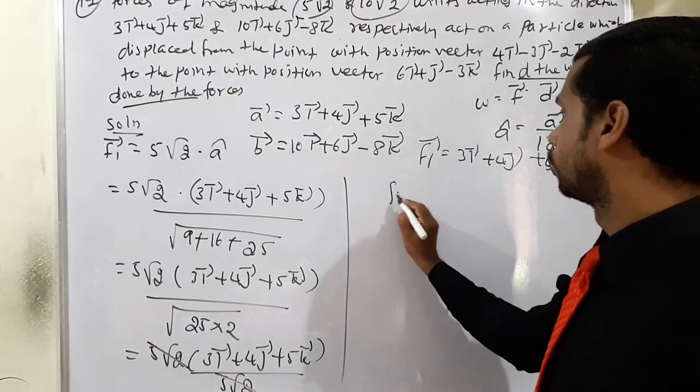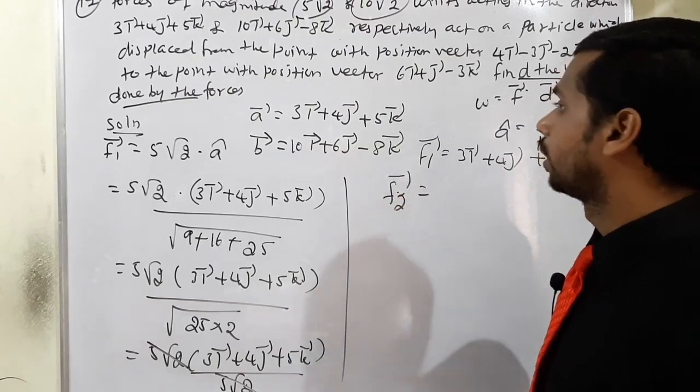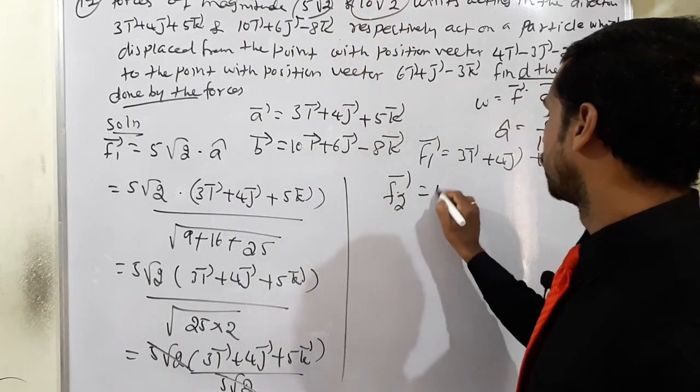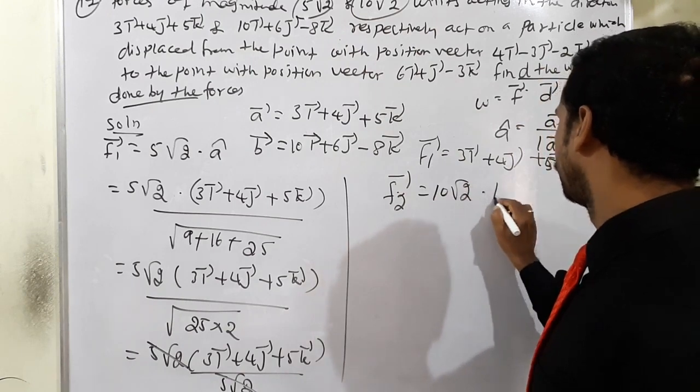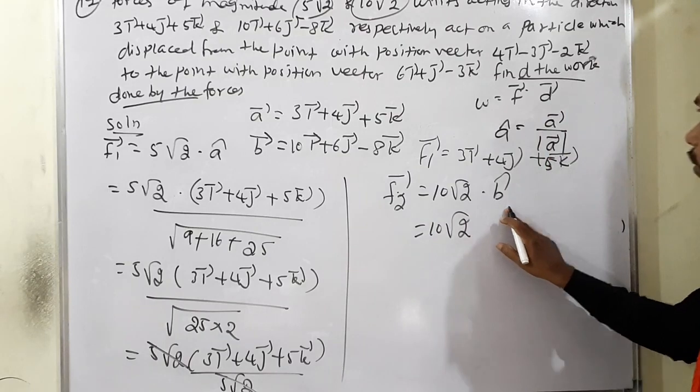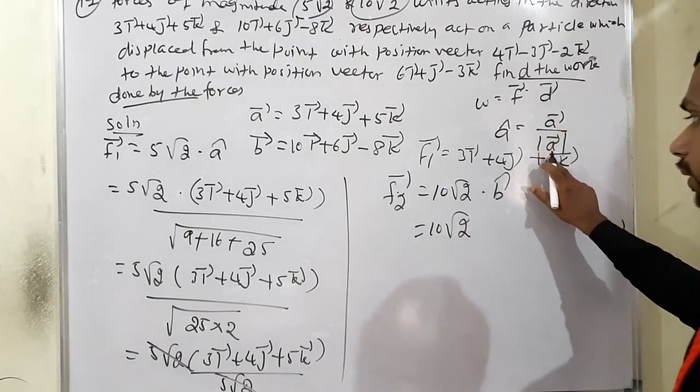Then force number 2. F2 vector is equal to, instead of A cap we write B cap, with 10 root 2 into B cap. B cap means B vector divided by modulus of B vector.